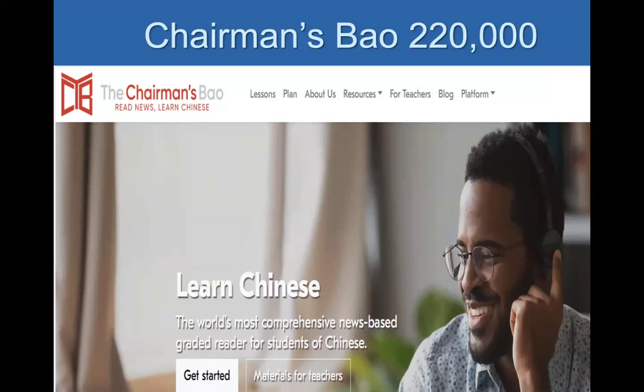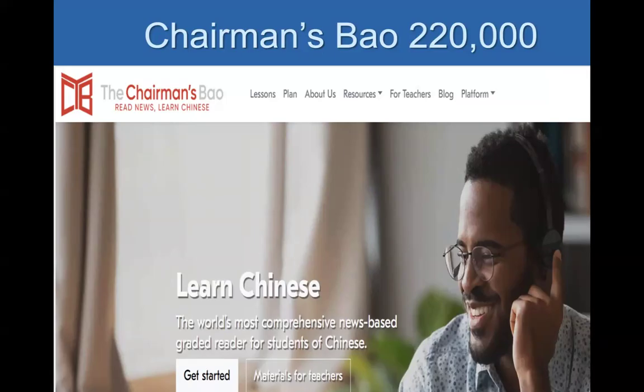And he was thinking, what name should I give to my company? The most famous person in China is Chairman Mao. And this Bao is newspaper. The pronunciation is similar. So he thinks if I name my company Chairman Bao, that can be attractive. And the logo is somebody reading the Chinese newspaper.